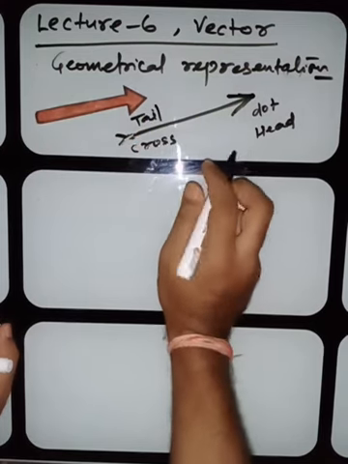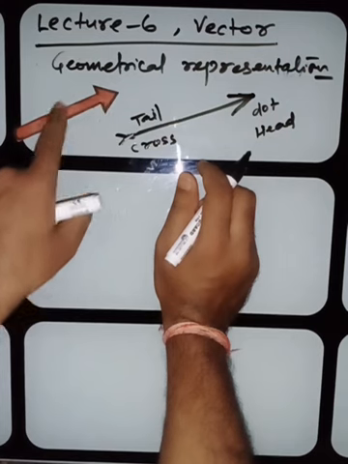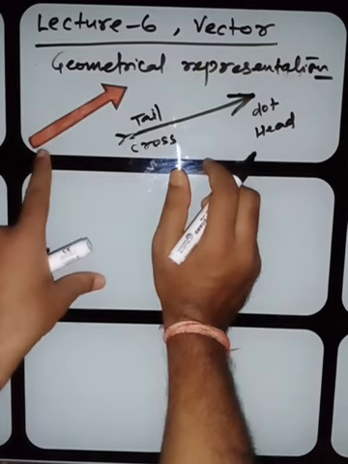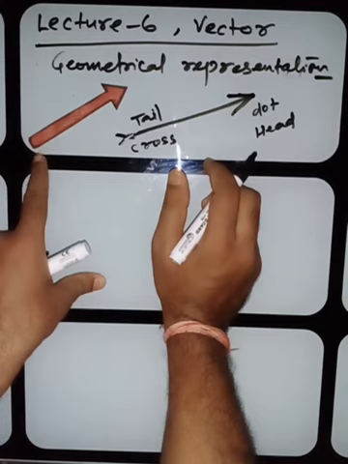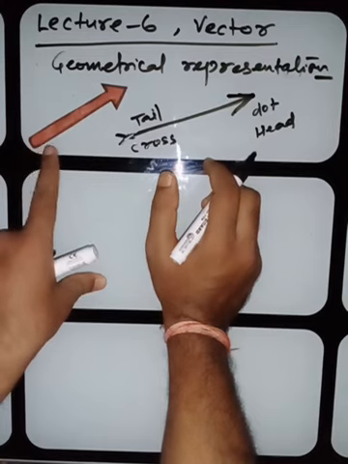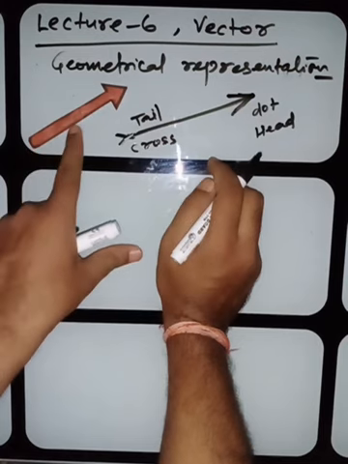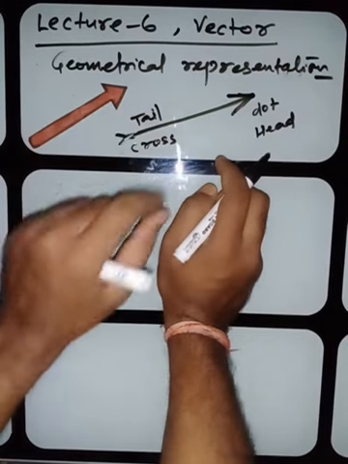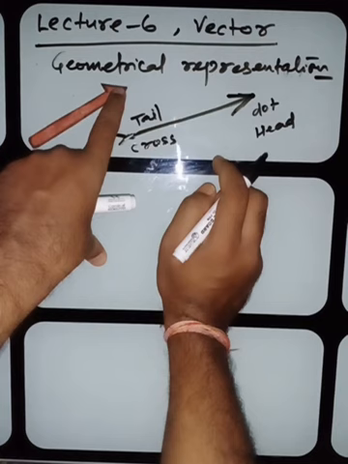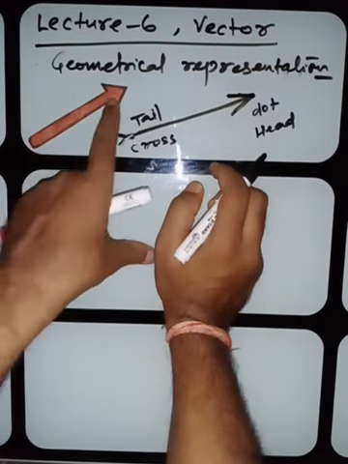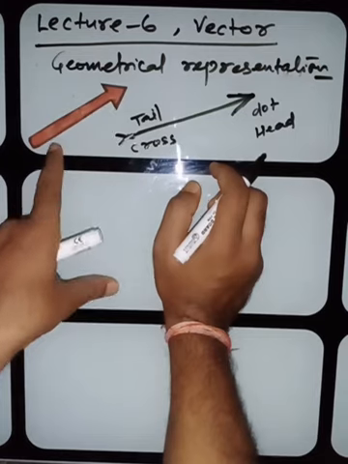You can say this one is the dot and this one is the cross. This cross is the origin of the vector. The vector starts here and goes in this direction, and the ending point is the dot. The length of this vector will represent the magnitude.